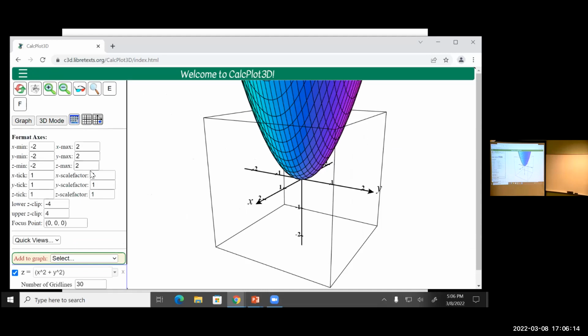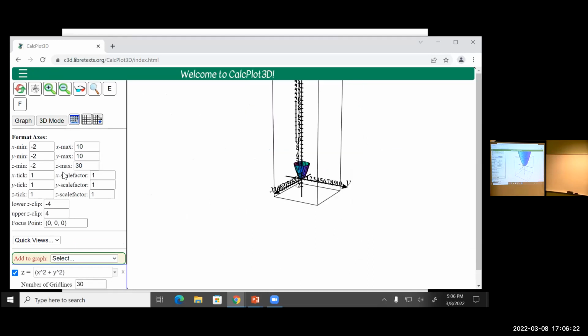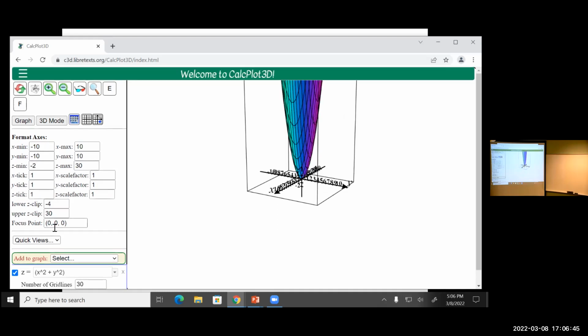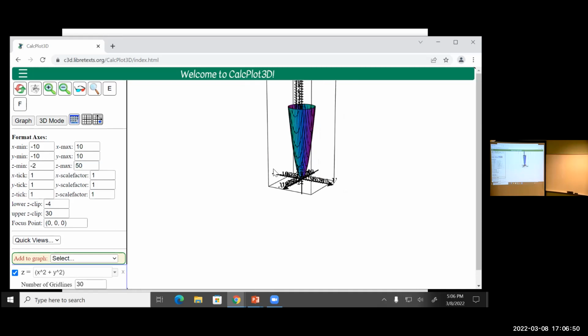We want to make sure that we can see everything. All right, so there is our paraboloid. Let's give it a little bit more square. All right, so there's our paraboloid.